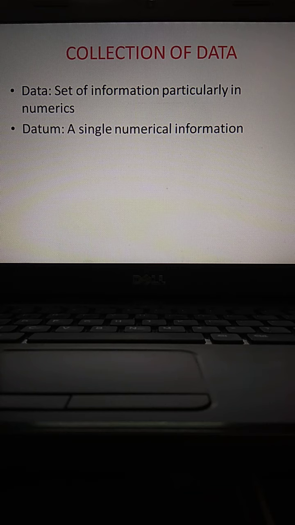So here the point to be observed is to get information to make a decision regarding the situation. What is required? Data is required. So we are going to discuss the various methods to collect the data. That means the collection of the data.